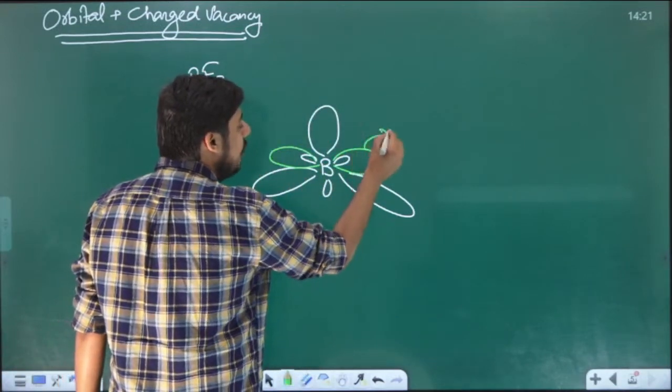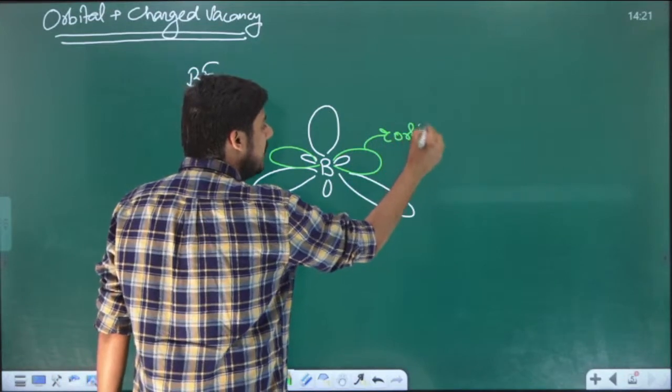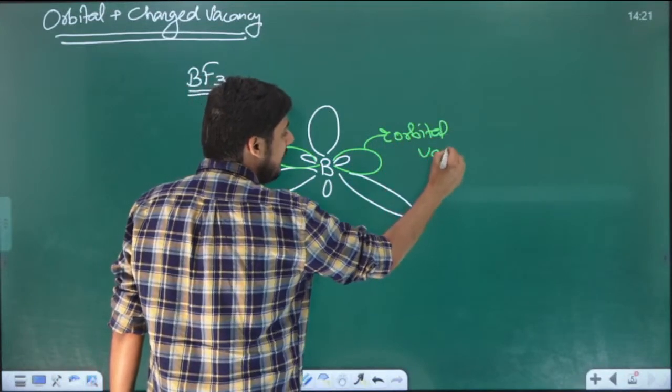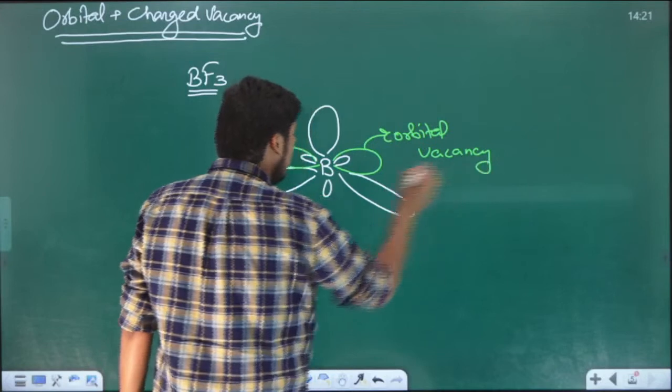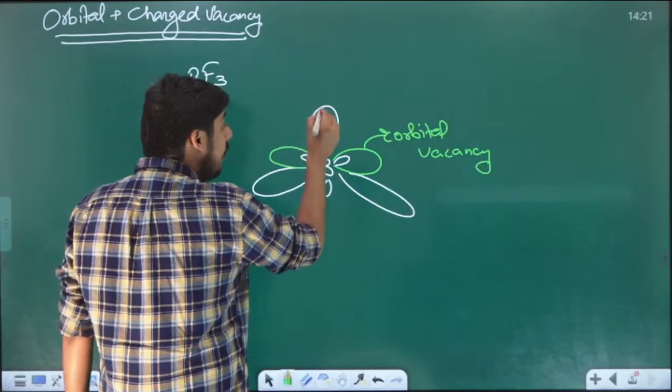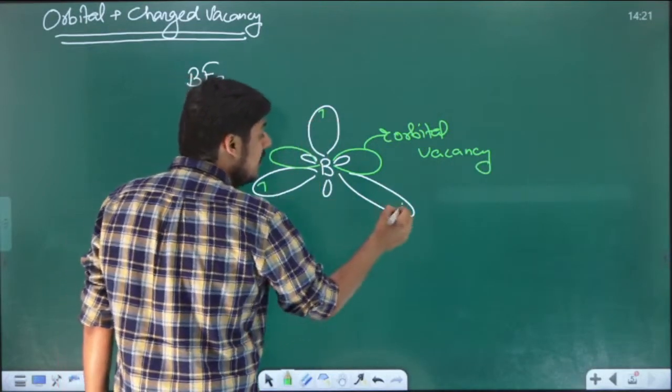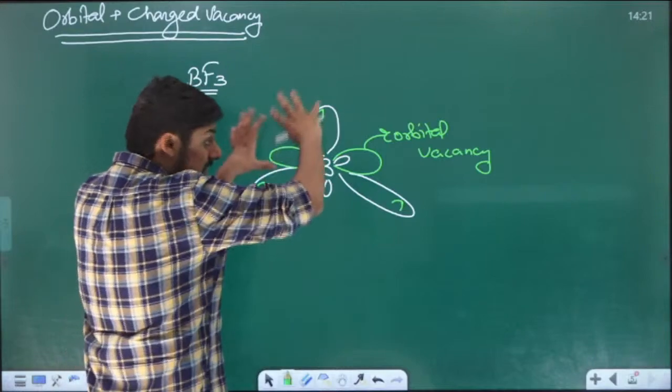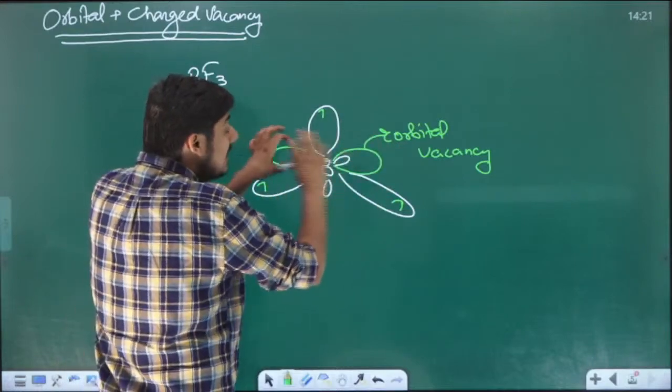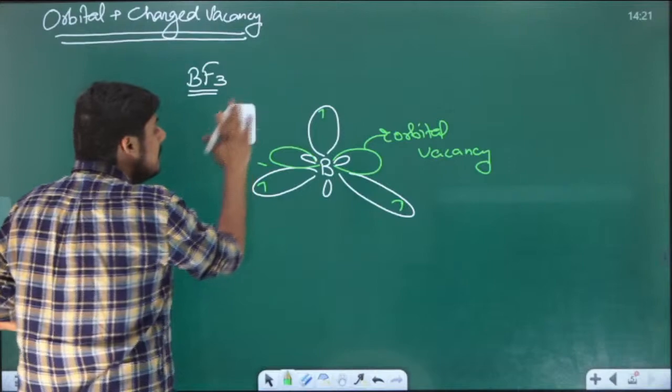So it is having orbital vacancy. For sure it is having orbital vacancy. It will have only 6 electrons in its vicinity, whereas its 2pz will be completely vacant.